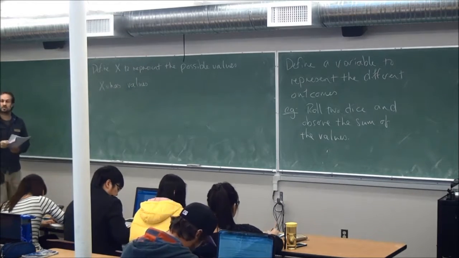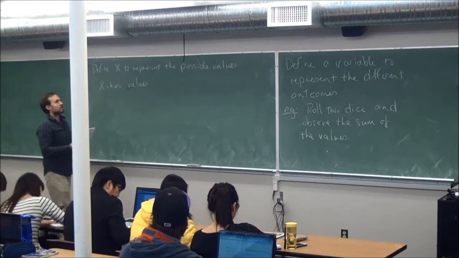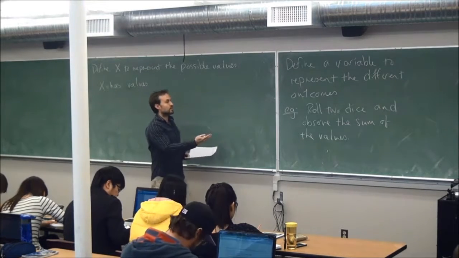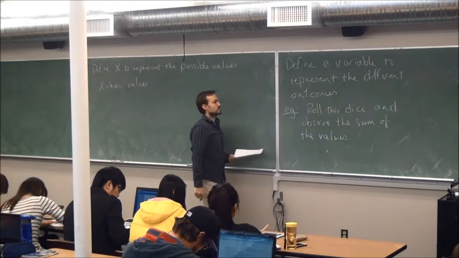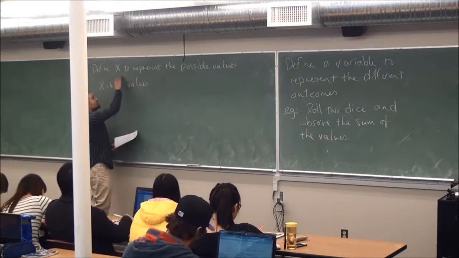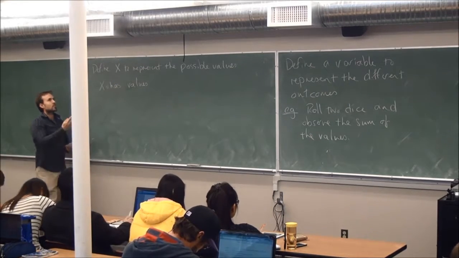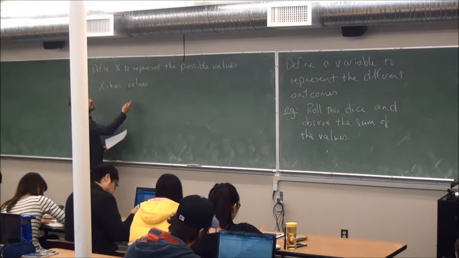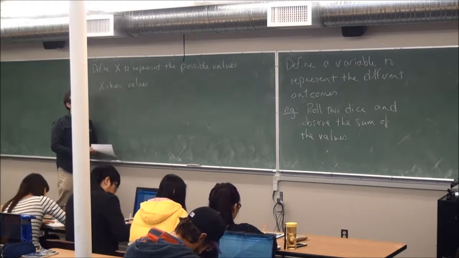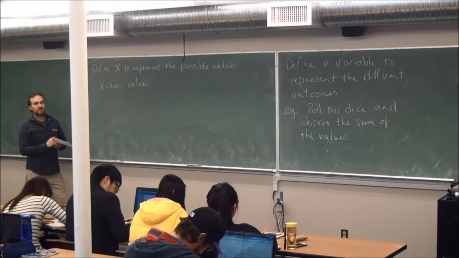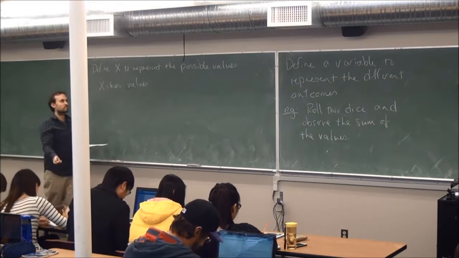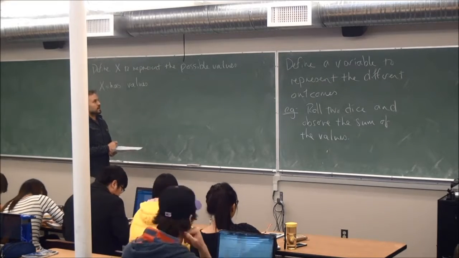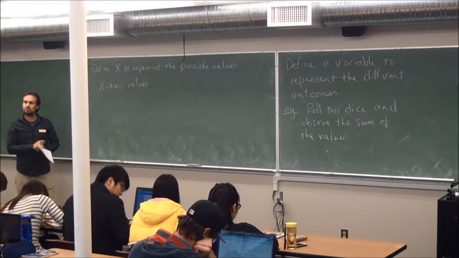X doesn't have one specific value because I have different possible outcomes to my experiment. I just call X the thing that represents those possibilities. What are the possible values that I can get? If I do this experiment, I write the result on my page. What are the different things that I could write on my page?